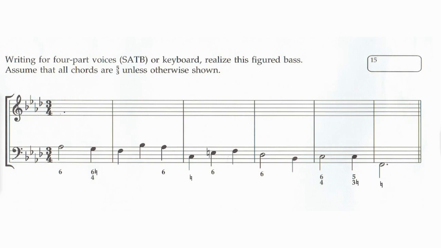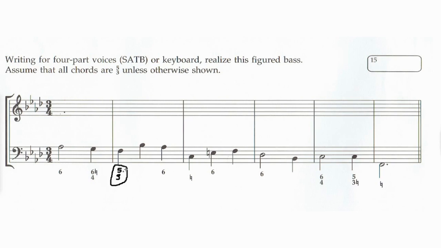So I'm assuming you do know how the figures work. This video is more about how to put that knowledge into practice to do a good realisation. But I'll just give you a quick recap of how the figures work just in case. So, for example, when we have a blank space under a note, the F here has nothing underneath it, it actually means that you need a 5-3 or a root position chord.